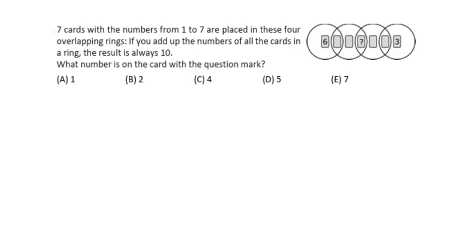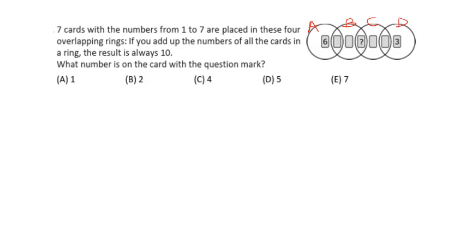So when you are given problems of this nature, the ones that can easily be solved are the ones with 2 cards. So look at it. Let me label the rings. This is ring A. This is ring B. This is ring C. This is ring D. Now look at it.